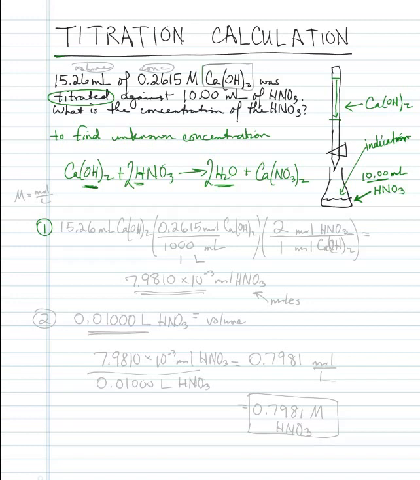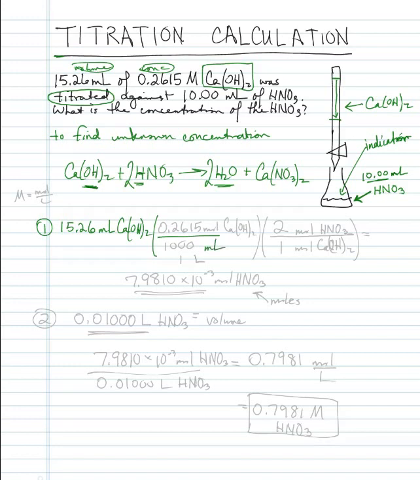So I'm going to start with the thing I know both things about. For my calcium hydroxide back up in the problem, I know two things: I know the volume, and I know the concentration. If I know both of those things, that's what I need to start with. So I'm going to start with 15.26 milliliters of calcium hydroxide, and I'm going to put in a conversion factor such that the milliliters will cancel.